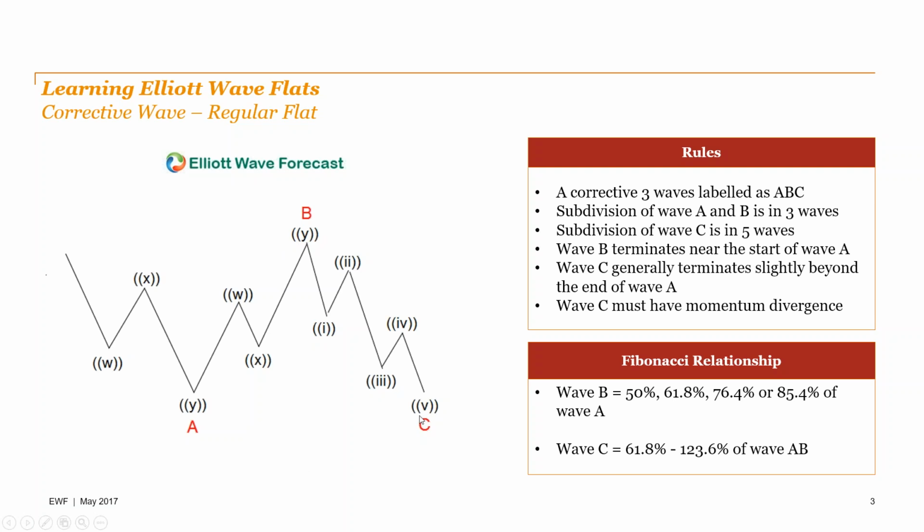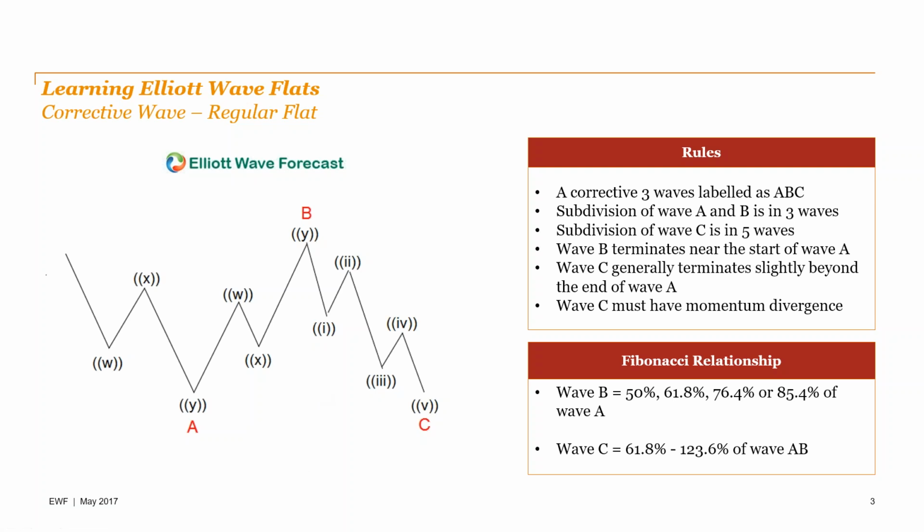And then the wave C usually is between 61.8% to 123.6% of the A. Okay, so we're gonna take a look and see how to measure this Fibonacci in the chart. So we're gonna take a look at an example of a regular flat.